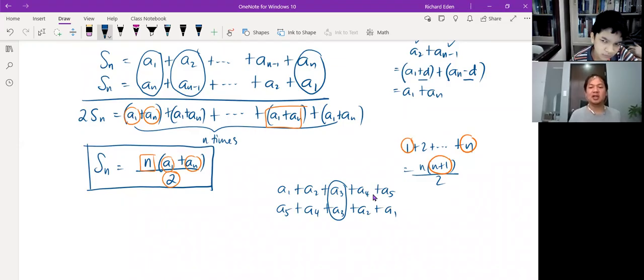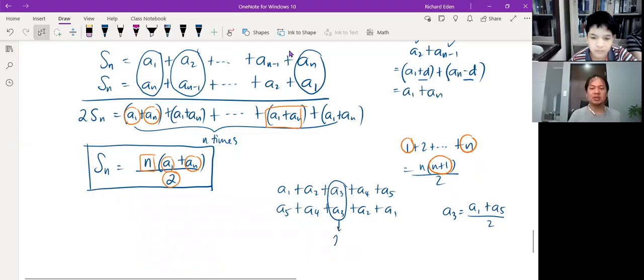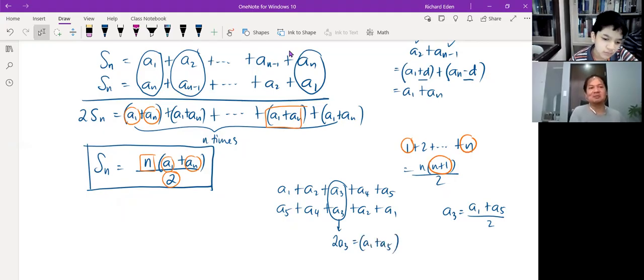Okay, pero remember, if there are an odd number of terms, the middle term, a3, is the average of the first and last terms. So kasi between a1 and a5, a3 is right there, exactly in the middle. So therefore, the middle column will be double a3 when you add, but then that's still going to be a1 plus a5. So hindi mag-break ng pattern, whether you are looking at an odd number of terms or an even number of terms. So valid pa rin siya.